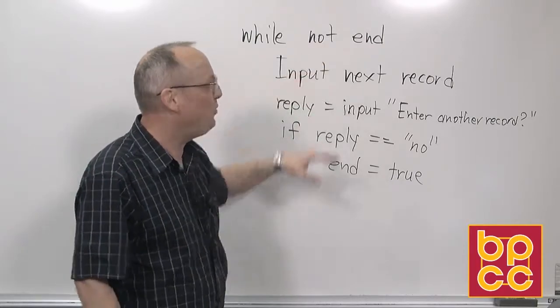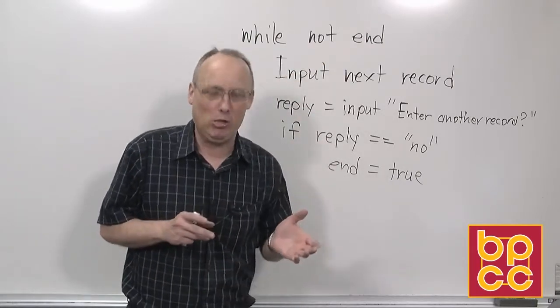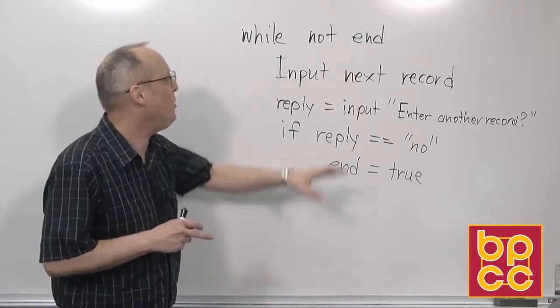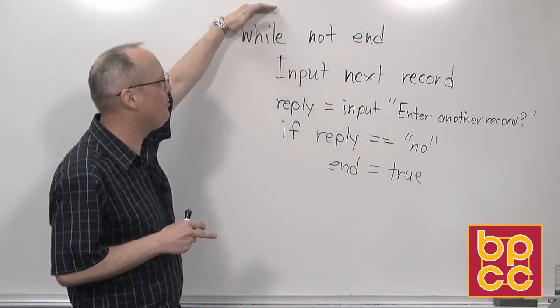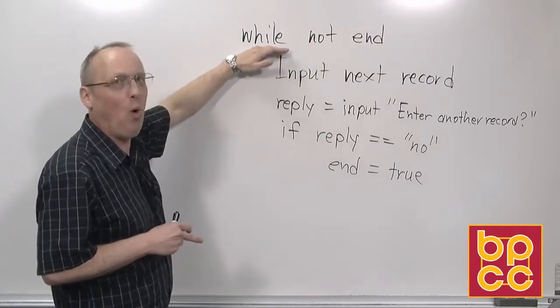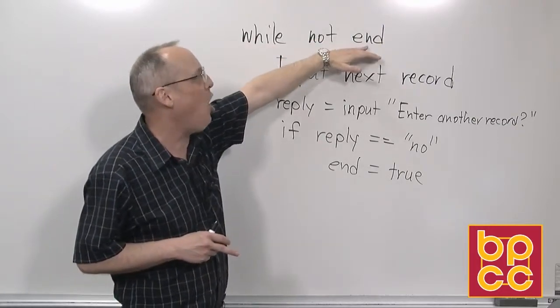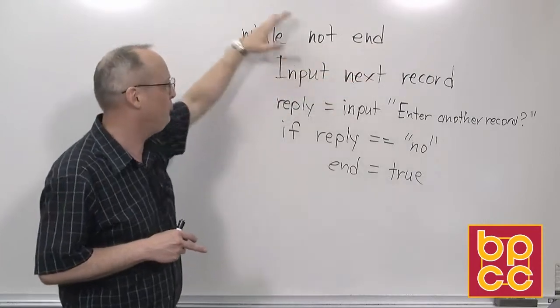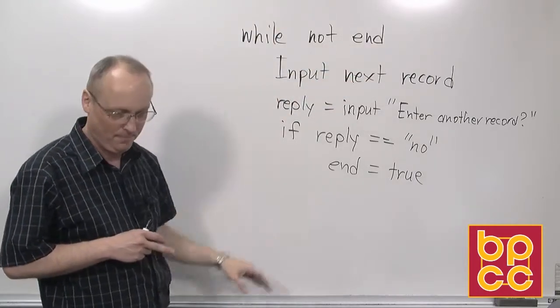Now the while loop may not run at all. Because if you have already set earlier in the program where end is set to true, when it gets to the while loop and sees that end is already set to true, it will just skip this completely.